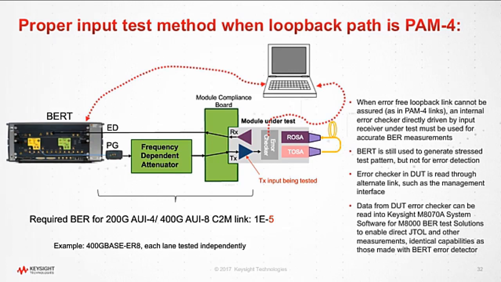One of the problems is that you lose a lot of the automation the BERT has in making this measurement. If you're using our BERT with our M8070 software, we've alleviated this problem because, starting with the host chips, we're seeing a lot of people building error checkers inside, and so we put in some tools, and I'll cover that in another slide as to what the advantages of those are.